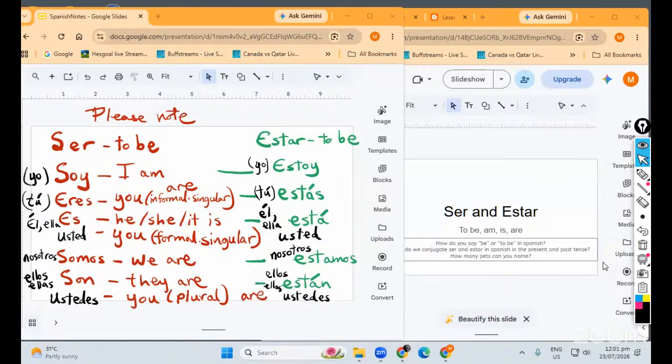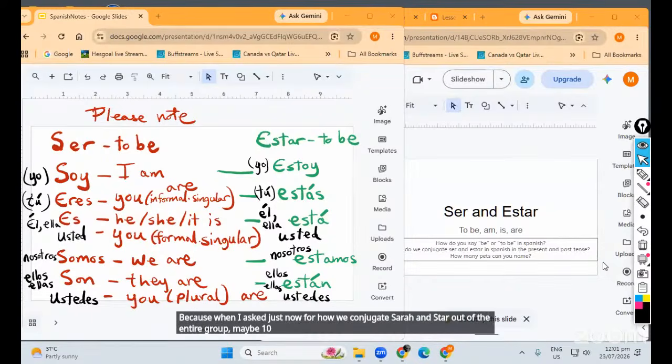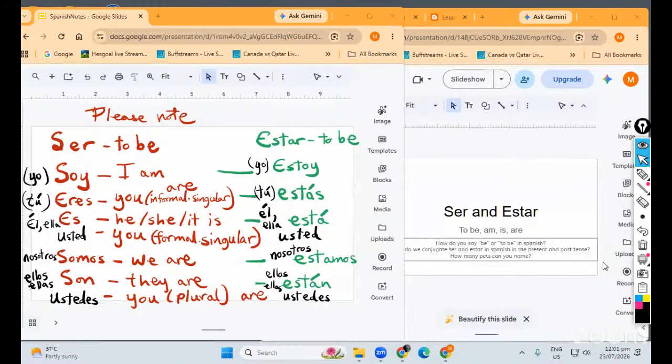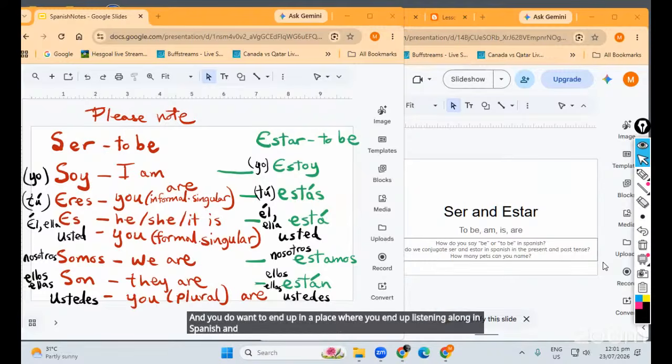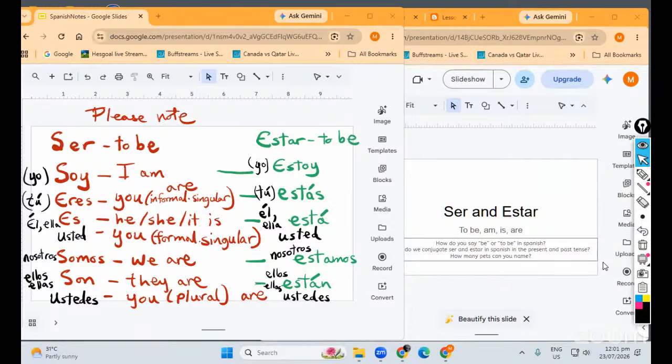When I asked just now how we conjugate ser and estar, out of the entire group, maybe 10 people sent the full conjugation for ser and 10 people sent the full conjugation for estar. You don't want to end up later along in Spanish where we haven't strengthened the foundation, right?